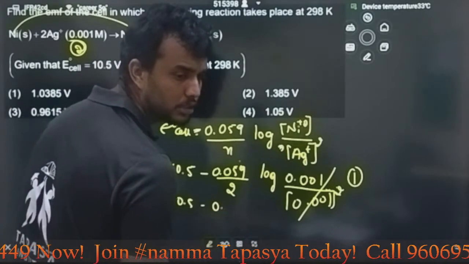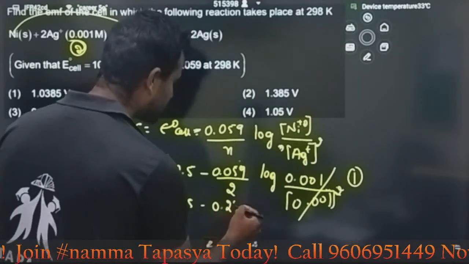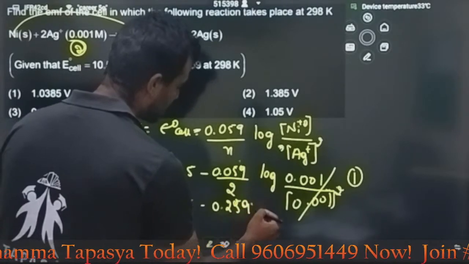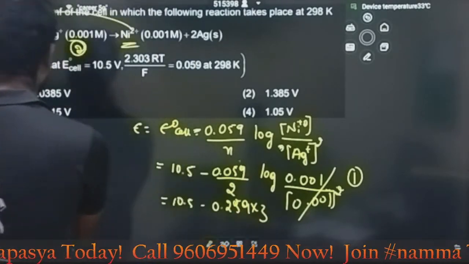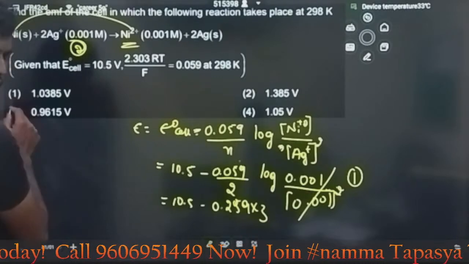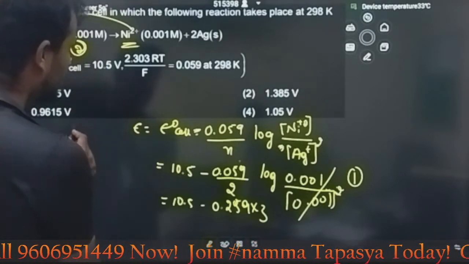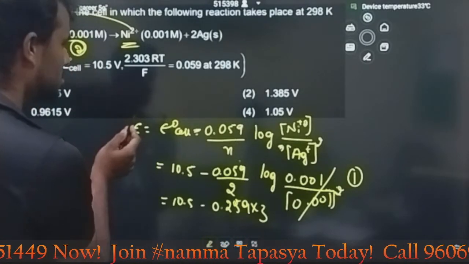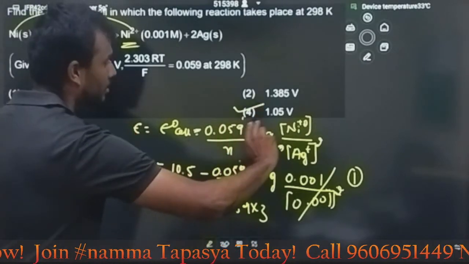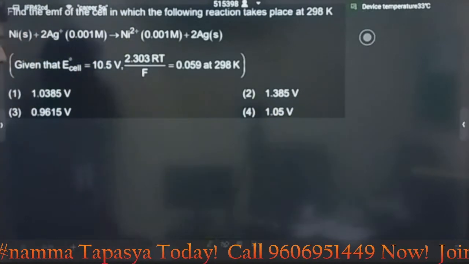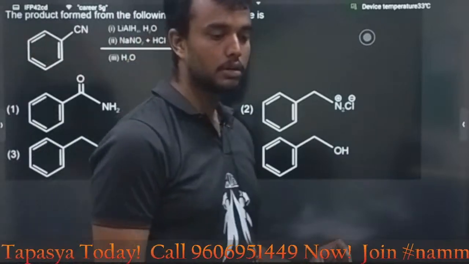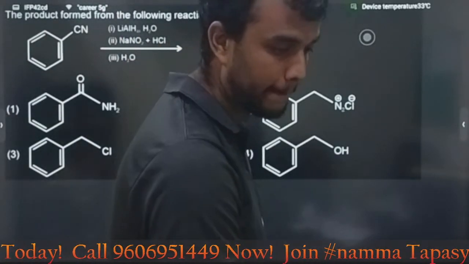This one, 0.059 divided by 2, is nothing but 0.0295 into 3. Then what is the answer? You will get 1.05 volt. Option D is the correct answer.